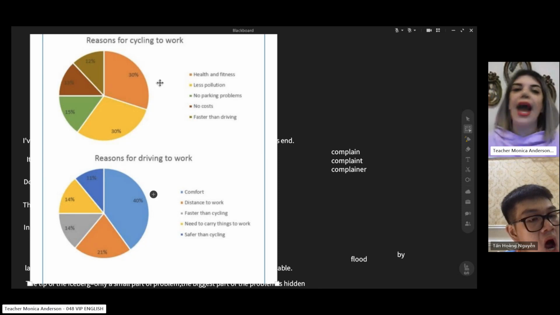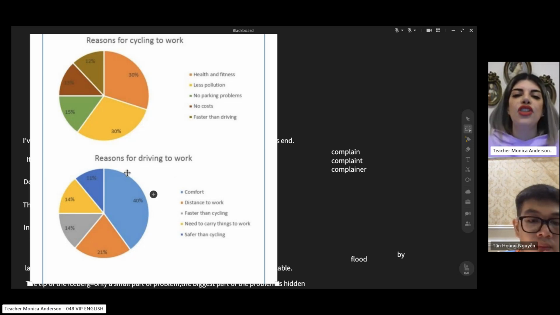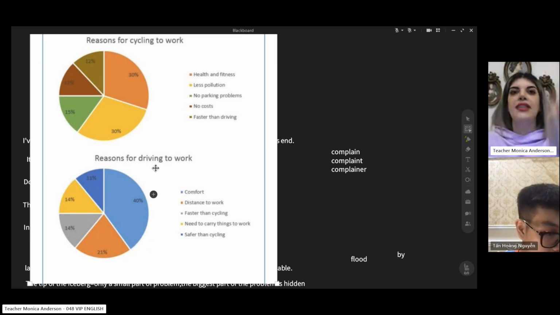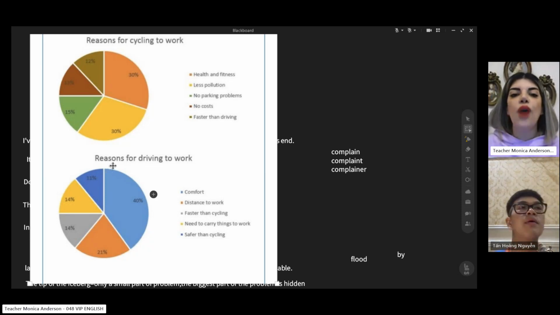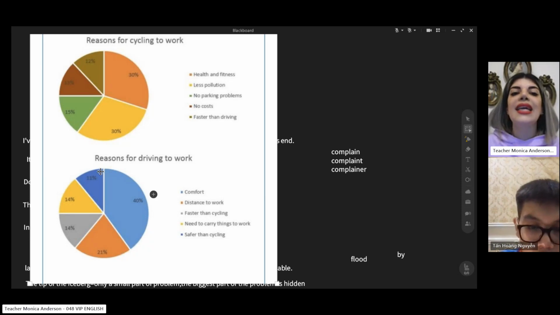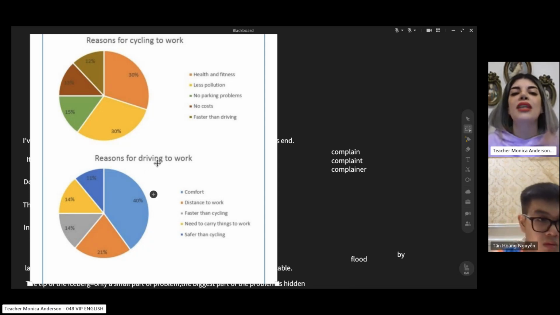Whilst, however, or something like this, the prime advantage of driving, it means the biggest, the first advantage, the prime advantage of driving to work is considered to be the comfort of traveling by car.